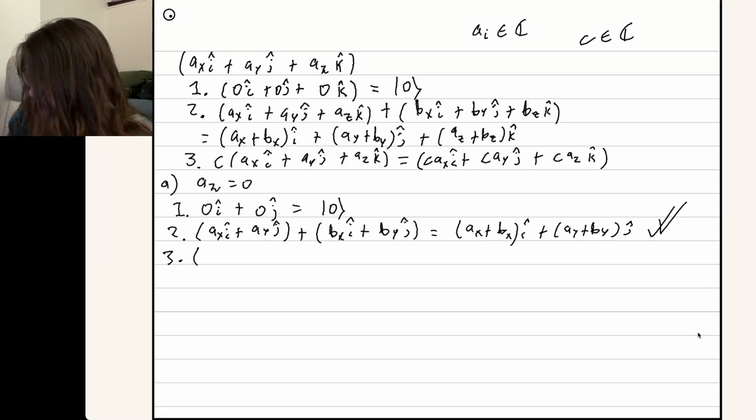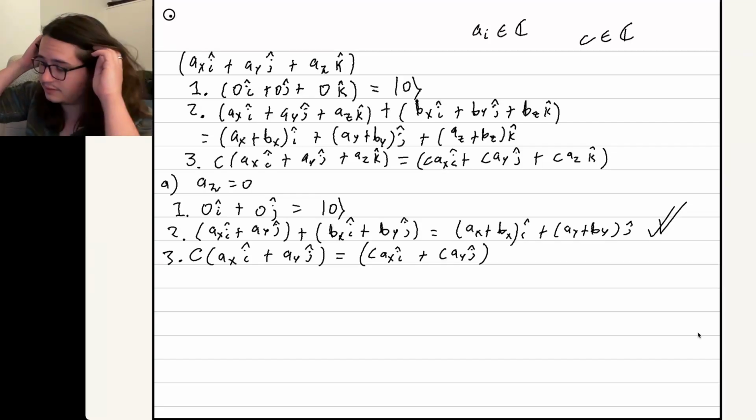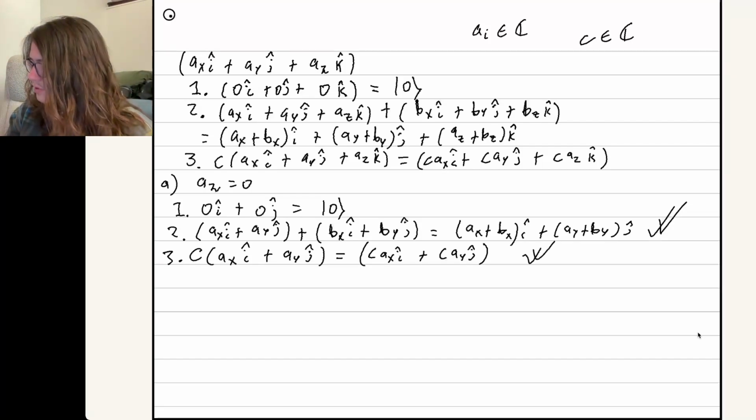Next, is it closed under scalar multiplication? So we'll do the c again, c times ax i hat plus ay j hat. That just looks like c ax i hat plus c ay j hat. So it's closed under scalar multiplication as well, so this is a vector space.